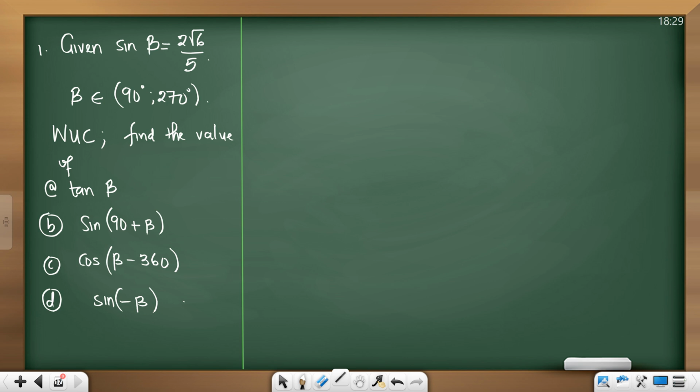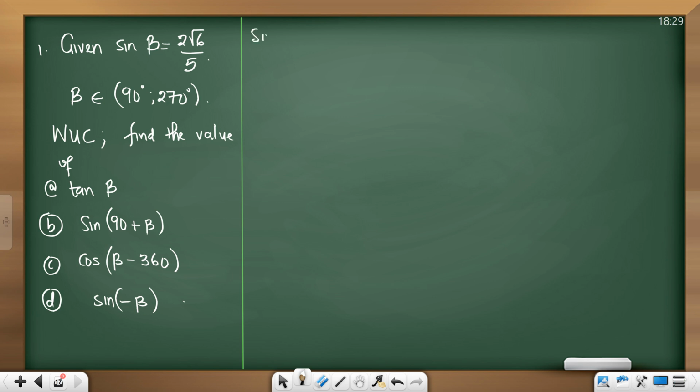Now, the first thing is to interpret what the examiner has given us. The examiner says that sine B, interesting. Remember what I gave you. Sine theta is what? Y over R. That's very important.